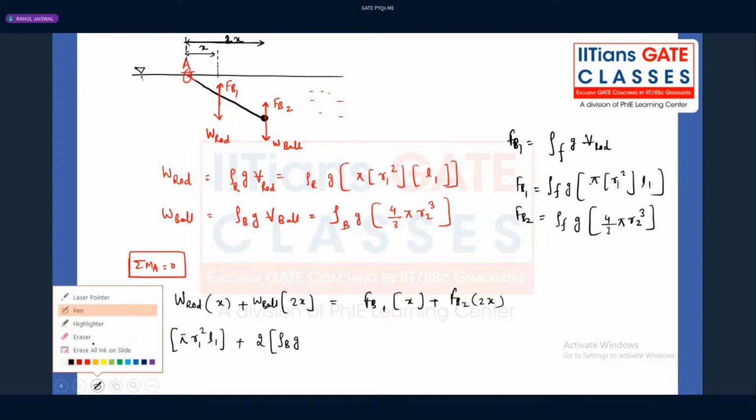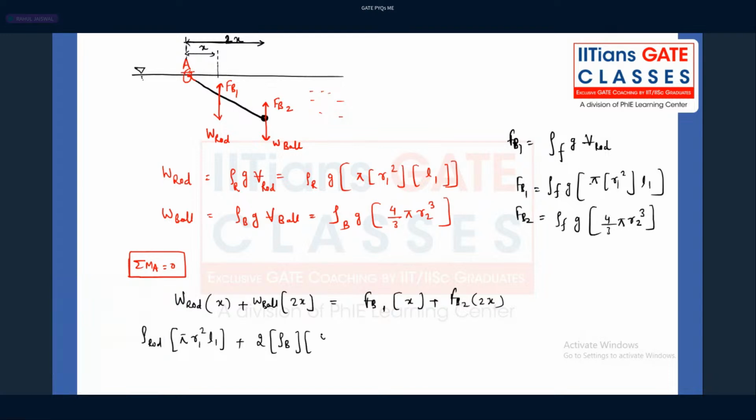Again, I'm not writing g because they will be cancelling out. 4 by 3 pi r2 cube. That's it, guys. Now you have to substitute and get the answers.